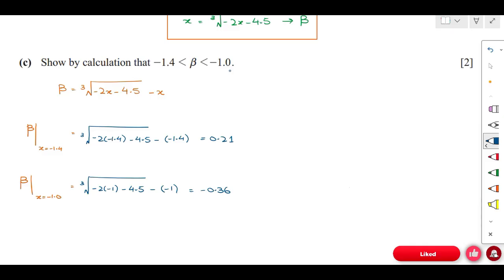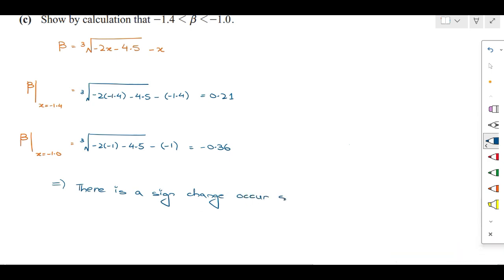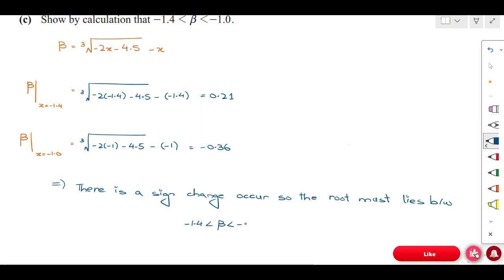This implies the root must lie between negative 1.4 and negative 1.0, that is, negative 1.4 is less than beta is less than negative 1.0, because one is positive and one is negative.